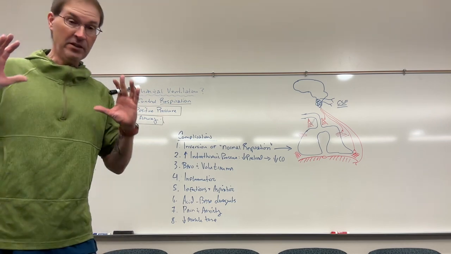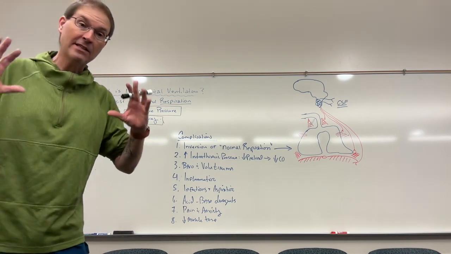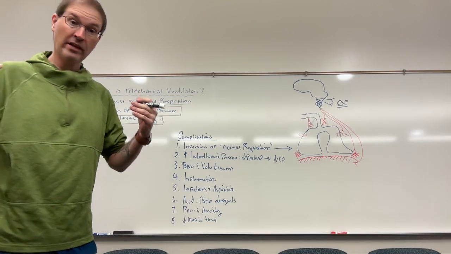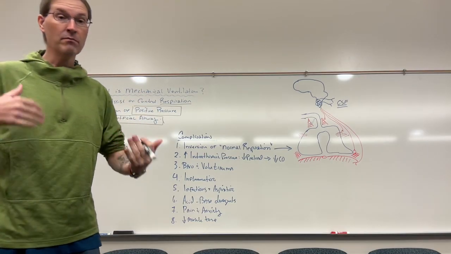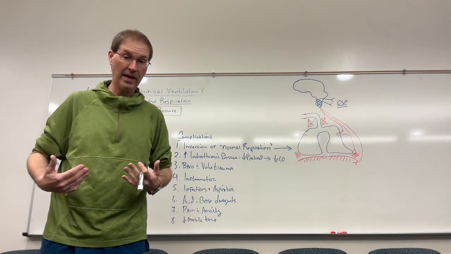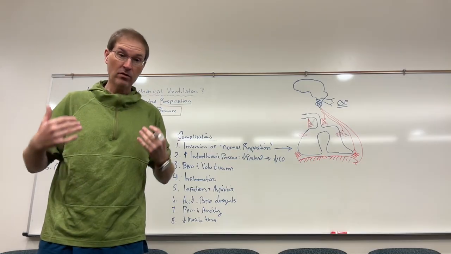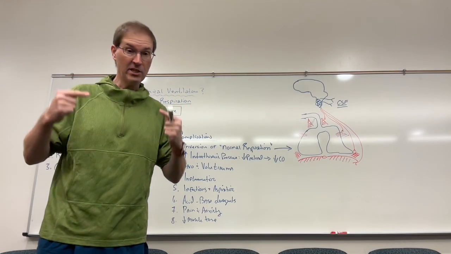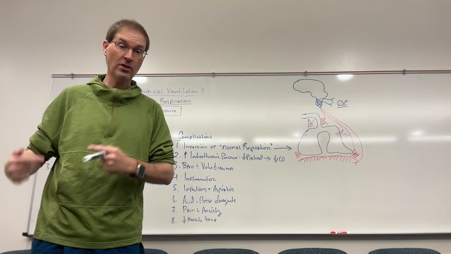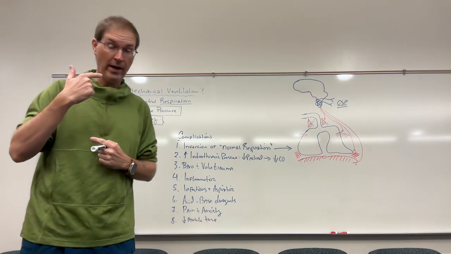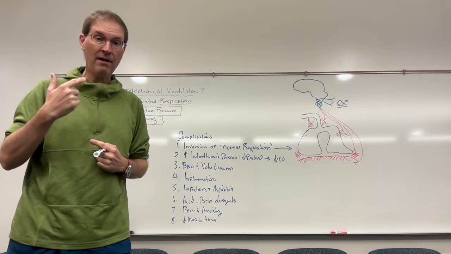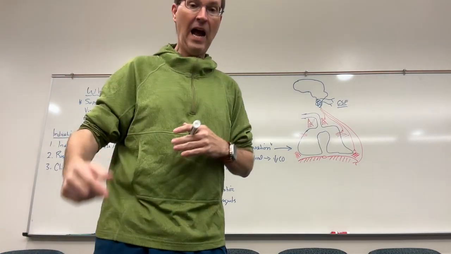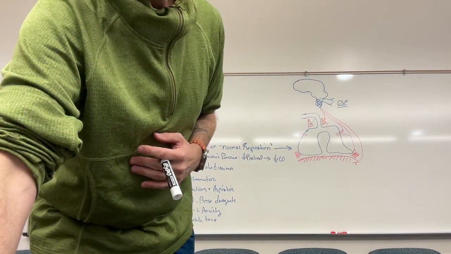All right? This is important because there are lots of physiological implications when it comes to the application of mechanical ventilation. So mechanical ventilation is primarily positive pressure ventilation through an artificial airway. So you have to have the airways isolated to some extent.